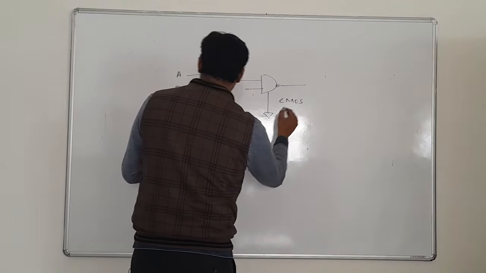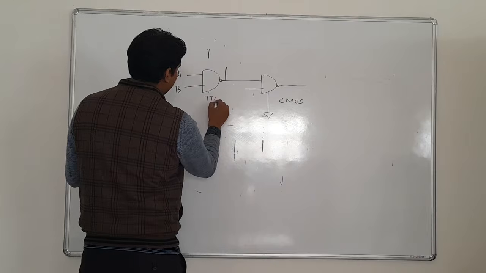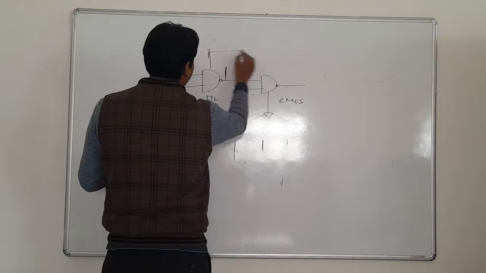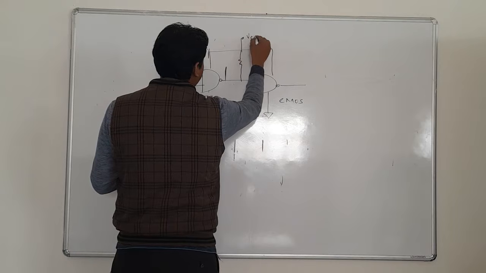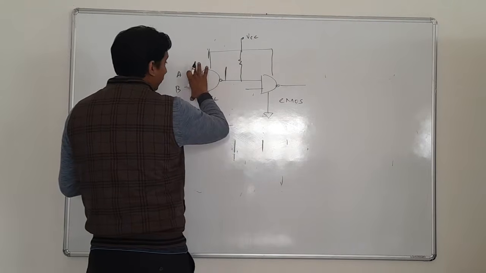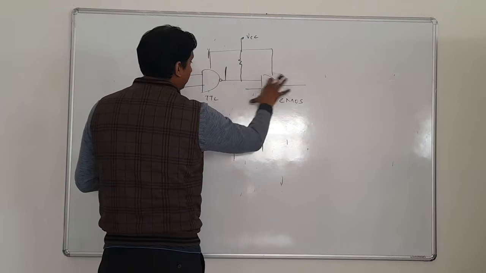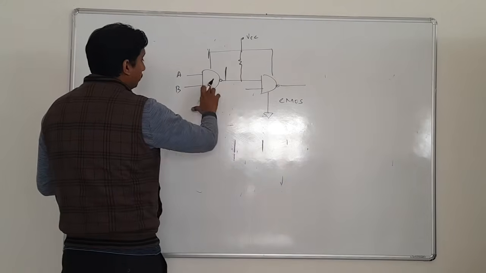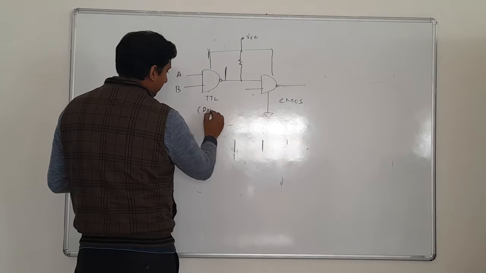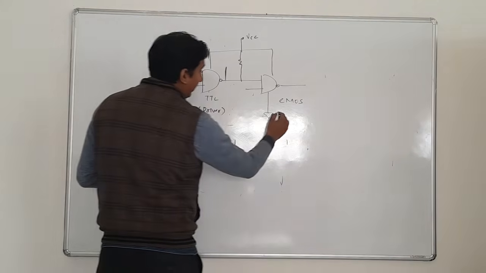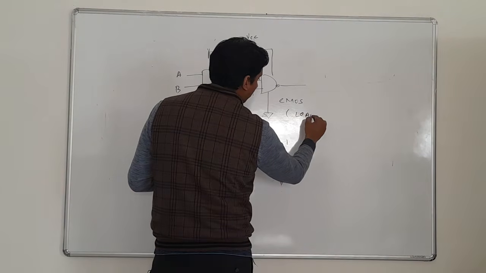This is your CMOS, and this is TTL, and this is supply. And there is a resistance, and this is VCC. This is CMOS, this is TTL, this is CMOS, and you are using TTL as a driver. TTL is driver and CMOS is the load.